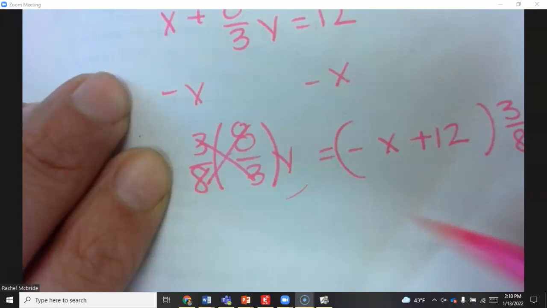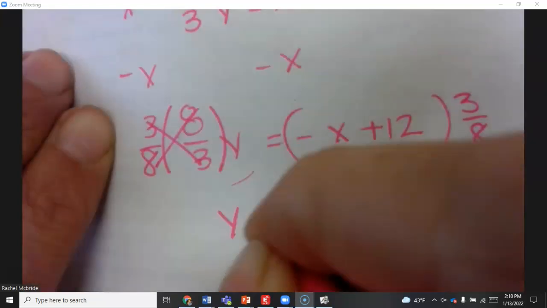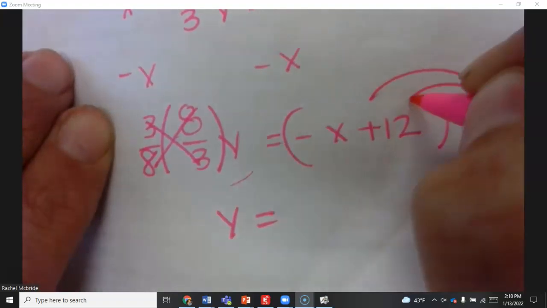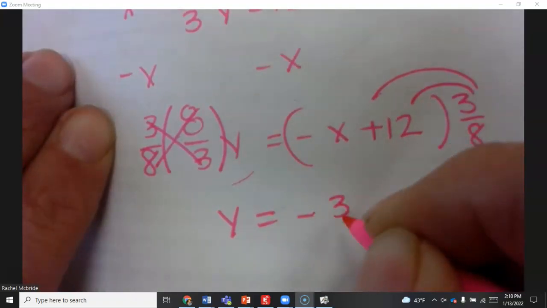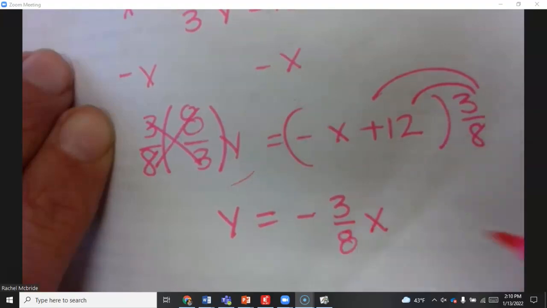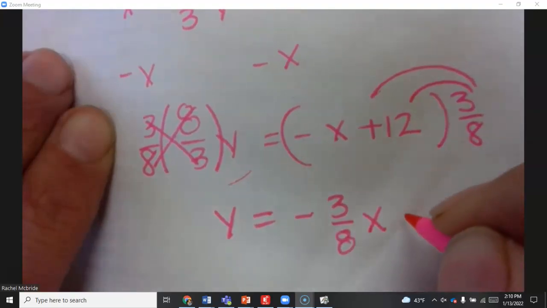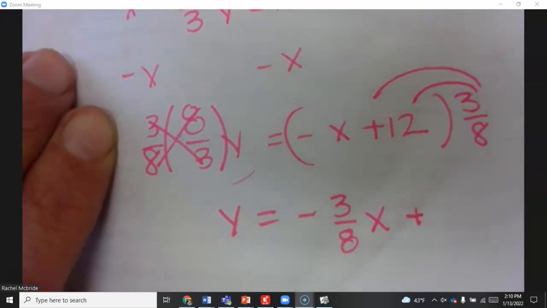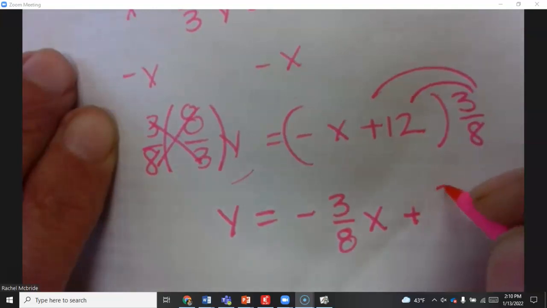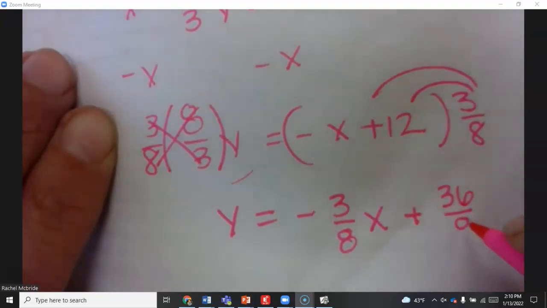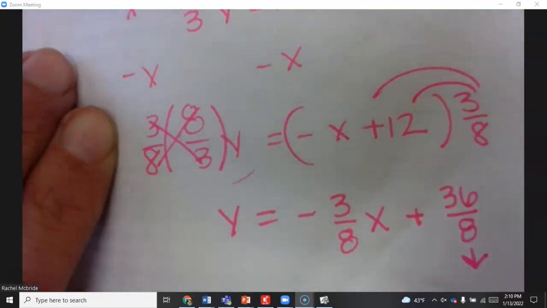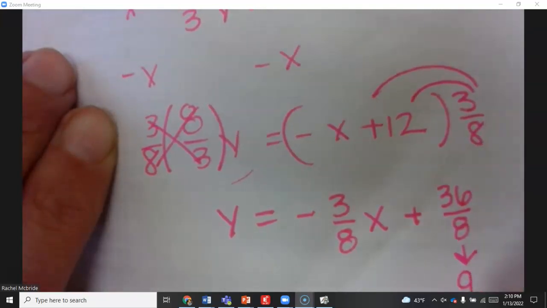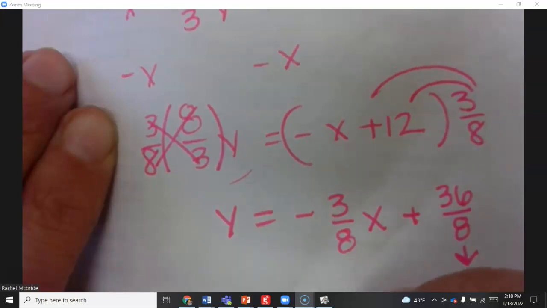That canceled the 8/3 on the left, giving y equals negative 3/8 x plus 12 times 3 is 36. 36 divided by 8, which could reduce, because both divide by 4, to 9/2.